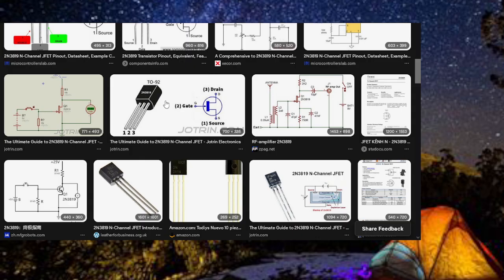Okay, so that's what it looks like right there. It's an N-channel JFET. One is the source. I should probably just take a picture of that.